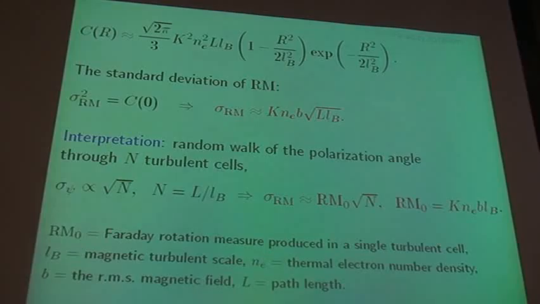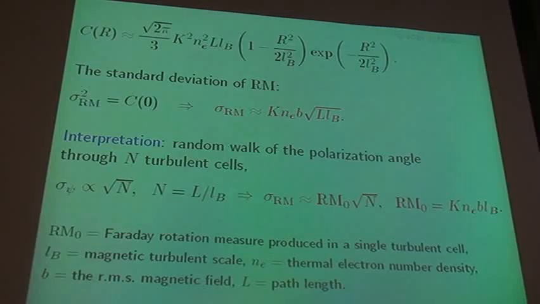It can be easily understood because, again, RM is equal to psi1 minus psi2 divided by the difference in lambda squared. As radio emission propagates through a random magnetic field, the polarization angle will be rotated by this field, but the field is random.